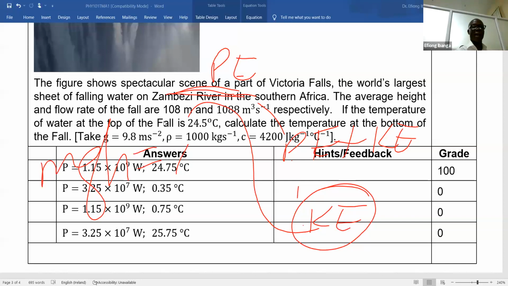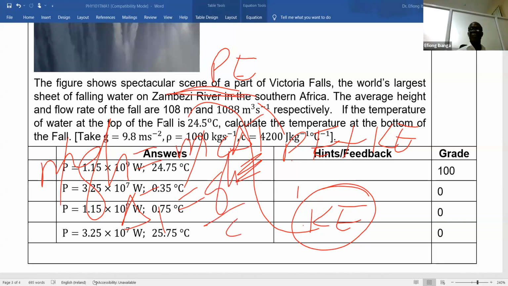If I do away with the m's, then delta T is going to be equal to gh all over c, where c is the specific heat capacity of water. And this has been given.